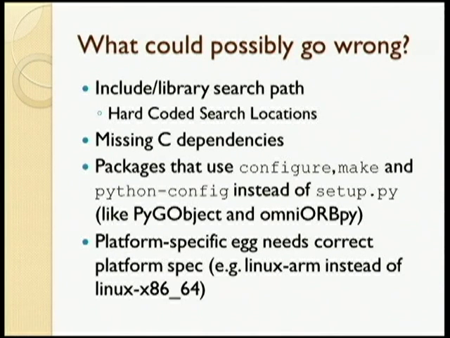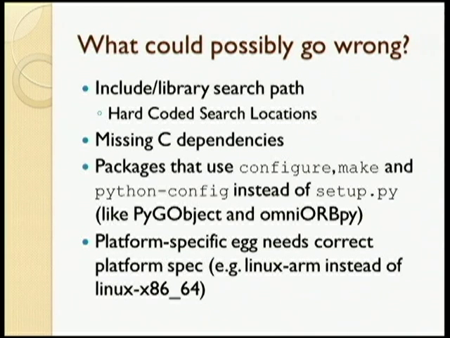Some of these should look familiar from building Python itself, except that include and library search path. Well, if you didn't install your Python on your target to a location in the regular tree, you'll have to worry about that for your include.